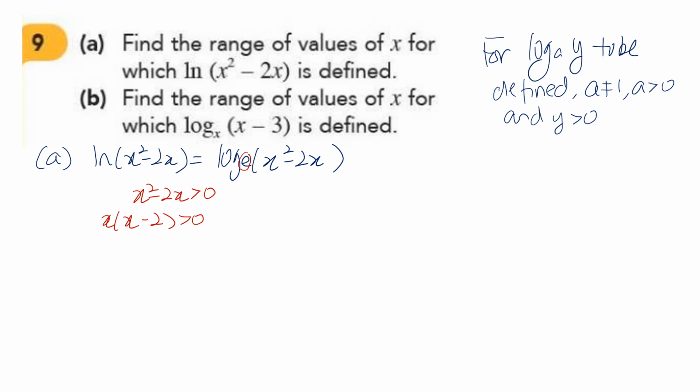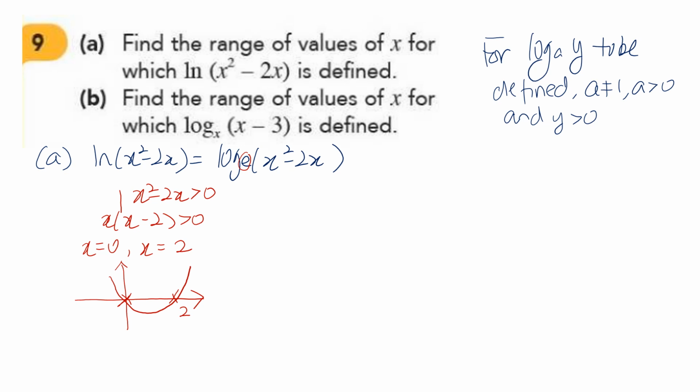First of all, we need to find the x-intercepts, which is x equals 0 or x equals 2. Then the next thing is to draw your quadratic curve. The two x-intercepts are 0 and 2. It's a U-shaped curve because the coefficient of x squared is 1.